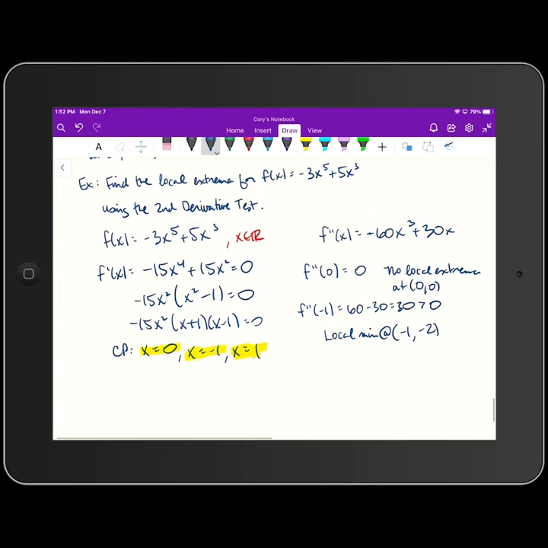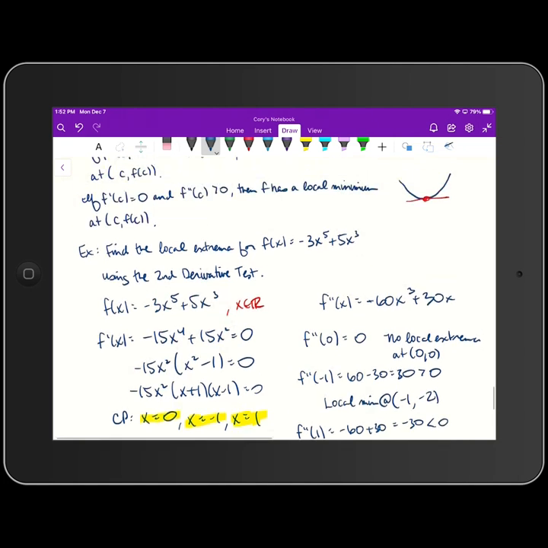Then we have to evaluate the second derivative at positive 1 as well. When we evaluate the second derivative at positive 1, we get negative 60 plus 30, which is negative 30. So the second derivative is less than 0, which means the graph is concave down.